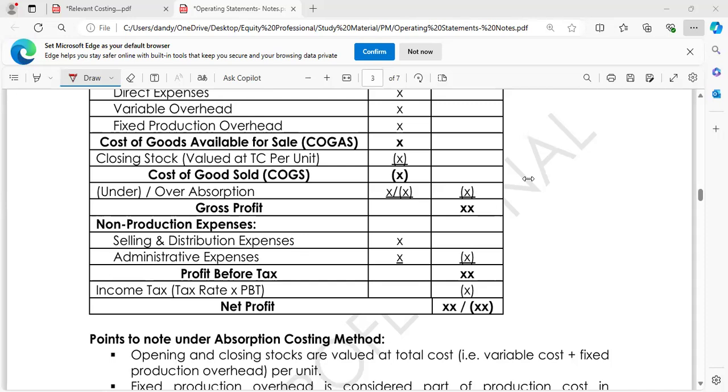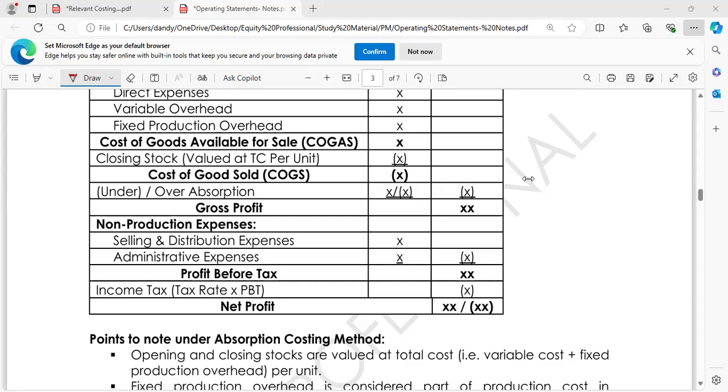That is, the net profit under marginal costing approach will be different from the net profit under absorption costing method. So when this happens, you need to reconcile the difference and find what is causing it. And we said that majorly the difference between the profits or the operating performance using marginal costing and absorption costing method is because of the stock valuation.